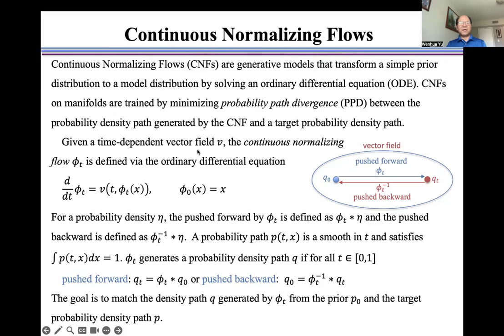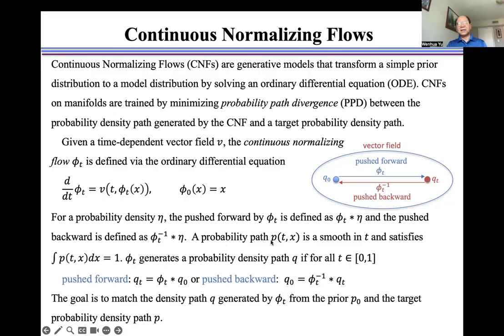Given a time-dependent vector field V, the continuous normalizing flow phi t is defined via the ordinary differential equation as shown here. For a probability density, the push forward by phi t is defined as here, and the pull back is defined as here.